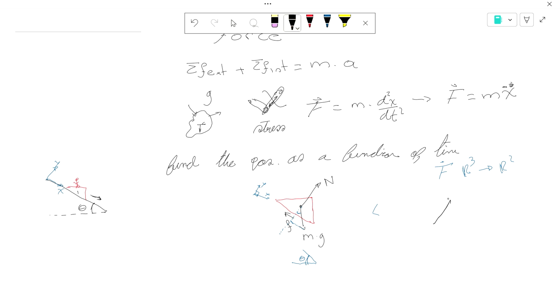Okay, this is my normal. This is my plane, or actually going to be along my friction force as well.